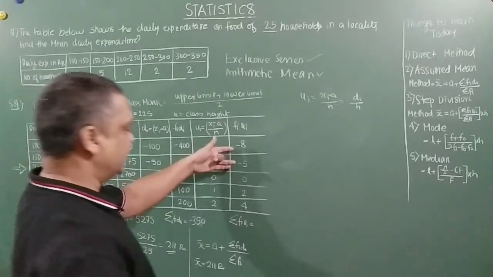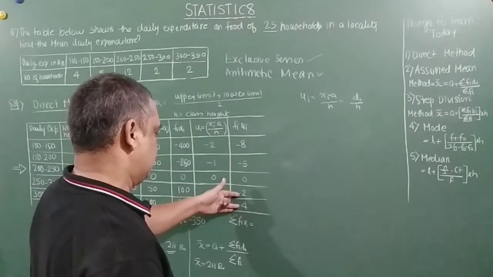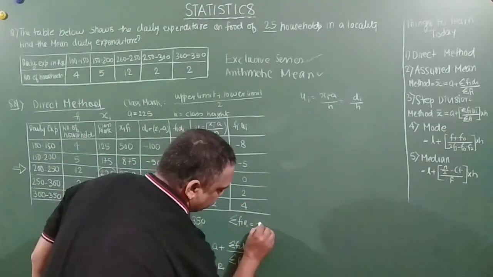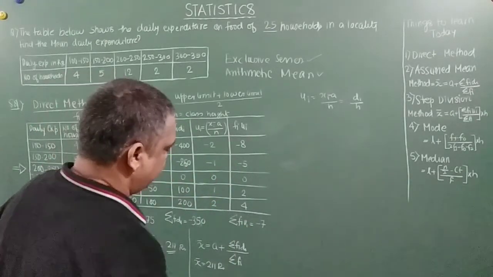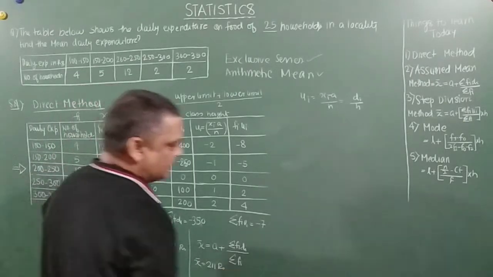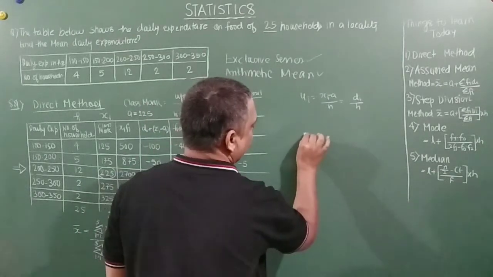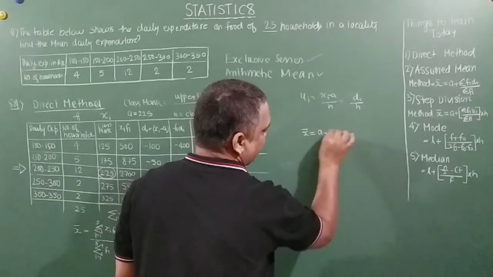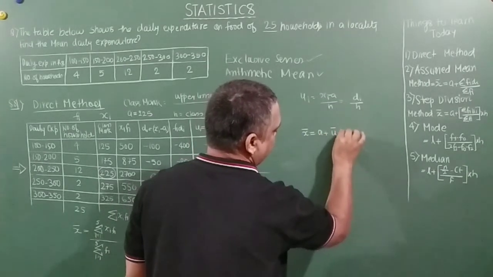So this is minus 13 and plus 6. So minus 7. Right? 6, 7 and 6, 7, 13. So minus 7 we have got here. Now friends, what we will do is that the formula for x bar using the step mean is given by a plus u bar into h.